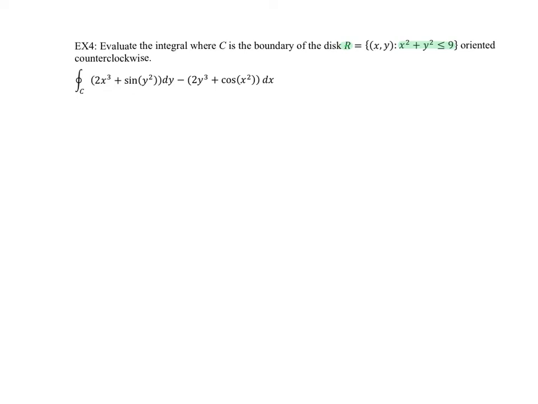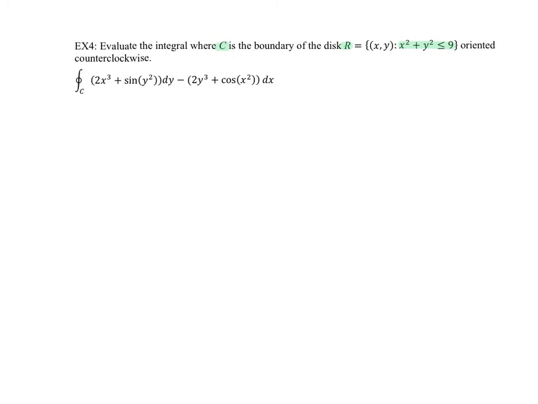It's enclosed by a circle of radius 3. Since C is the boundary of this disk, C is the curve, which is the circle x squared plus y squared equal to 9. Now the integral that we're evaluating is given to us here, and we can assume that it's oriented counterclockwise in the normal direction.